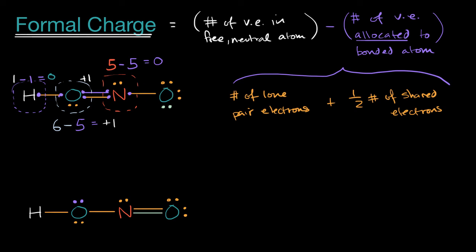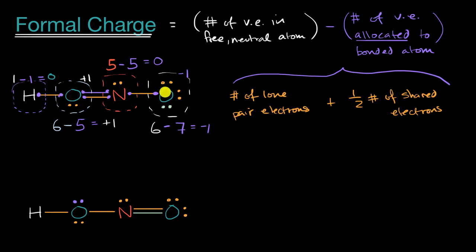And then let's look at this last oxygen. A free neutral oxygen has 6 valence electrons. From that, we are going to subtract the number of valence electrons allocated to the bonded atom. So 2, 4, 6 lone pair electrons plus half of this bond. So that's 7 allocated valence electrons. 6 minus 7 equals -1. So this oxygen has a formal charge of -1.